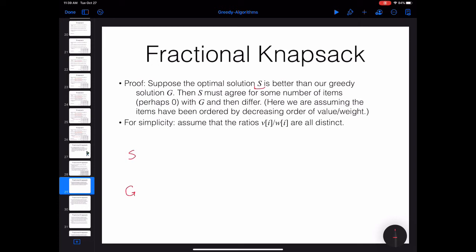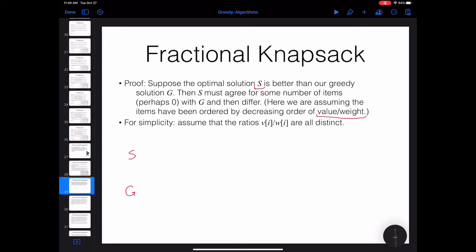Okay, so let's sort all the objects that we have. For example, in the optimal answer, how much of object 1 I'm taking, how much from object 2, how much from object 3. I can write the solution in that way, right? Also, let's assume that I have sorted all the objects based on the ratio of value per weight.